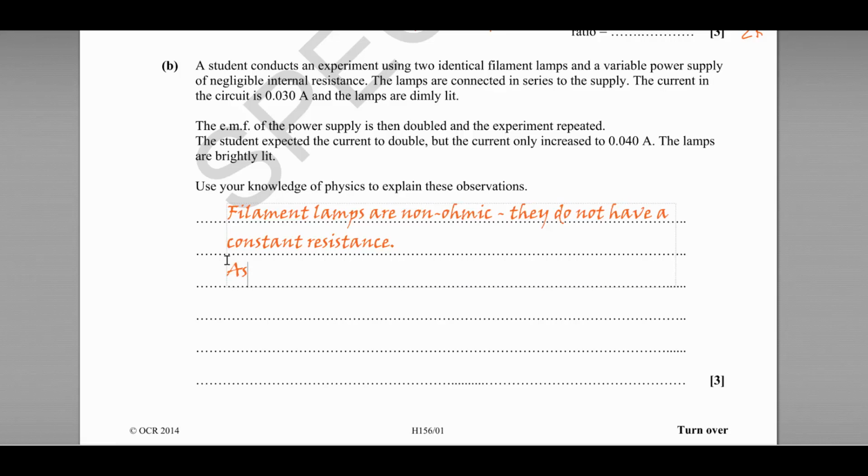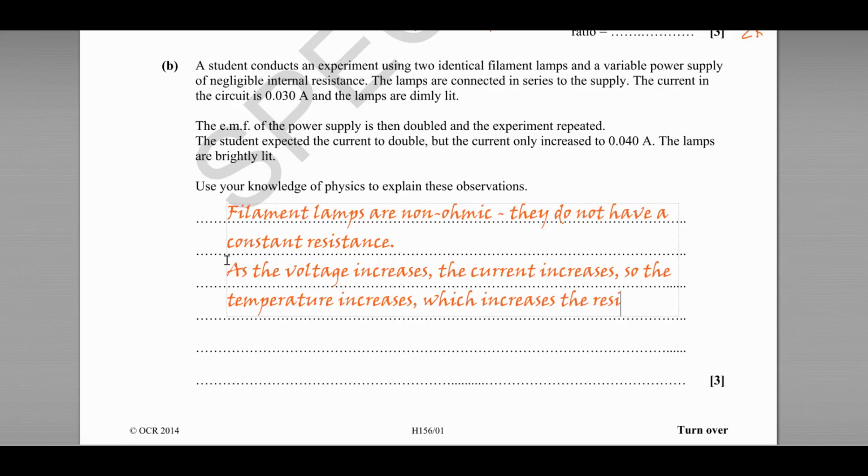This is because as the voltage increases, the current increases, so the temperature increases, which increases the resistance. V equals IR, so an increased resistance will lead to a lower current.